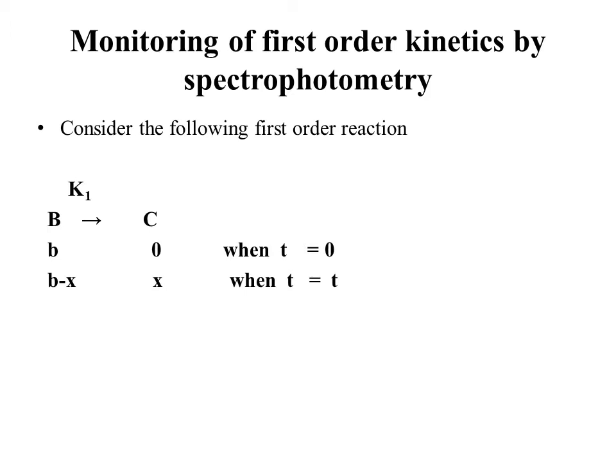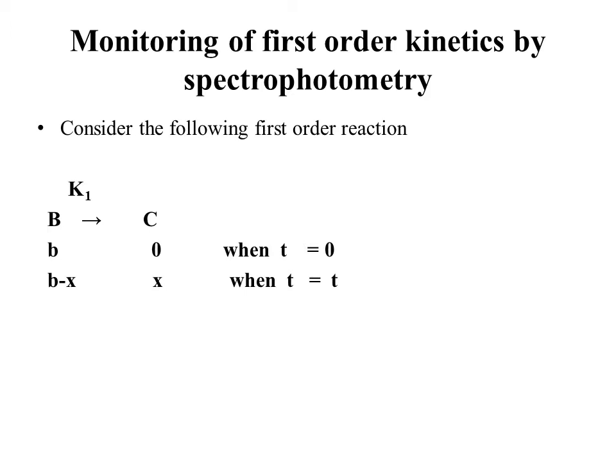Dear students, consider the following first order reaction, that is B reactant is converted into C product with rate constant K1.